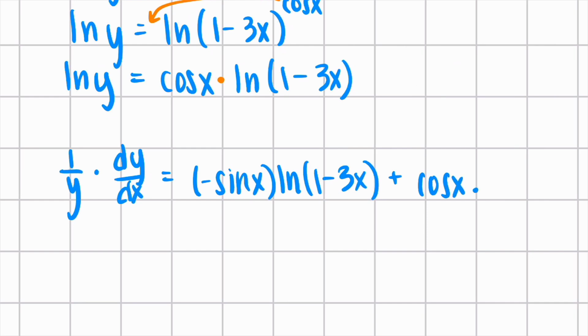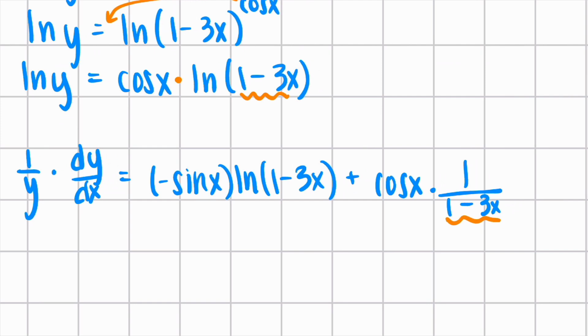Derivative of natural log of 1 minus 3x is 1 over 1 minus 3x. But because my 1 minus 3x is inside my natural log, I need to chain rule the 1 minus 3x. Derivative of 1 minus 3x is negative 3. I will have my chain rule video also linked in the description of this video.